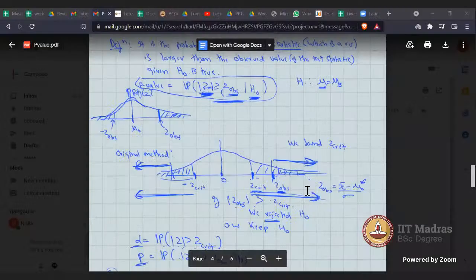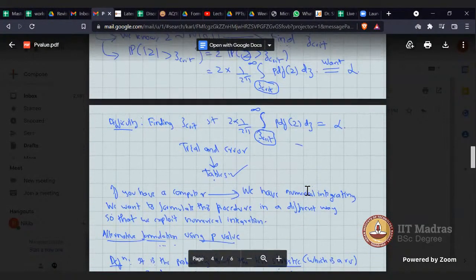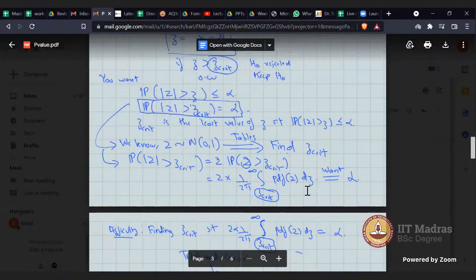Now, if your p-value... I'm not able to see your screen. Oh, okay, I'm not sharing. Wait. Can you see this? Yes, ma'am.